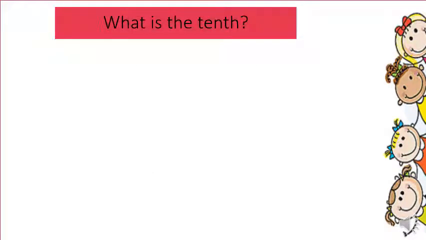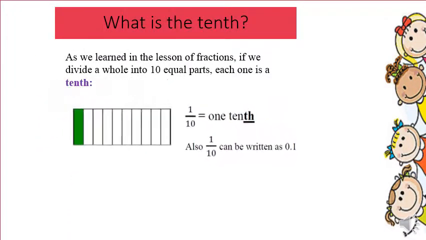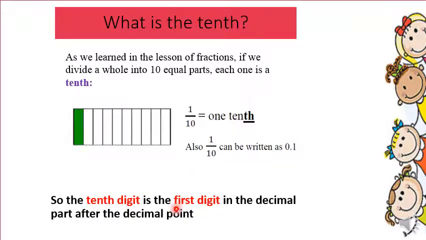Now, let's talk more about the tenth. What is the tenth? We said that the first digit to the right of the decimal point is called the tenth digit. The tenth digit represents a fraction which is 1 over 10, as we took in the previous lessons on fractions. 1 over 10 means the colored part is 1 out of 10.